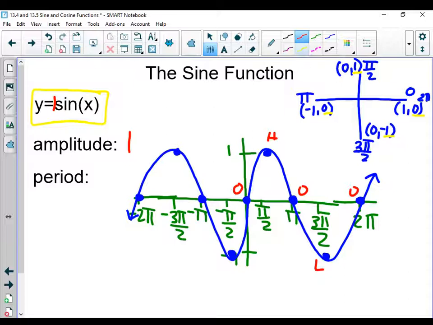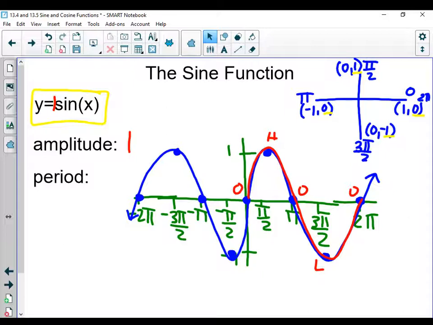Okay? So then the period of the function is what distance it takes for this graph to complete one full cycle. I need to figure out when I can take a whole piece of the graph, cut it off there, and copy paste it over and over and over again. What is that distance?